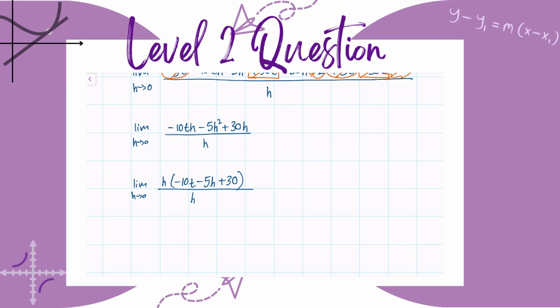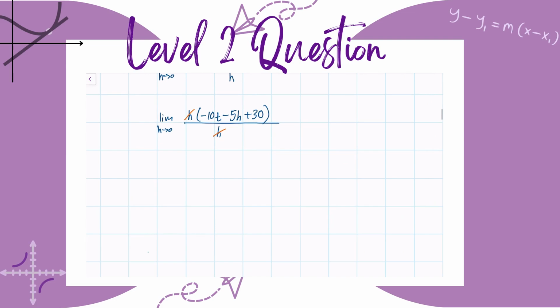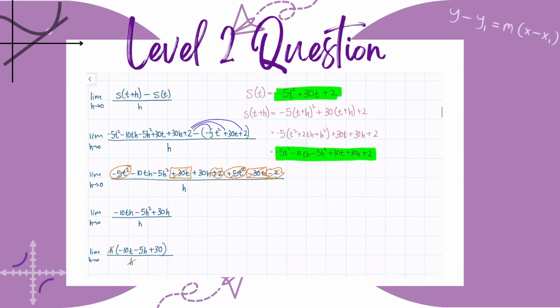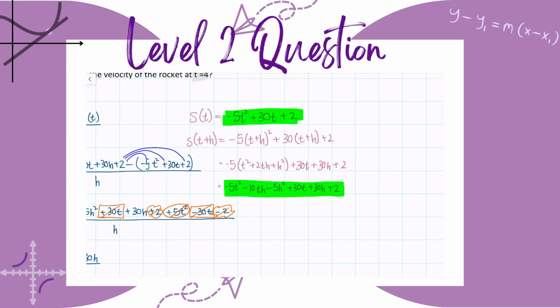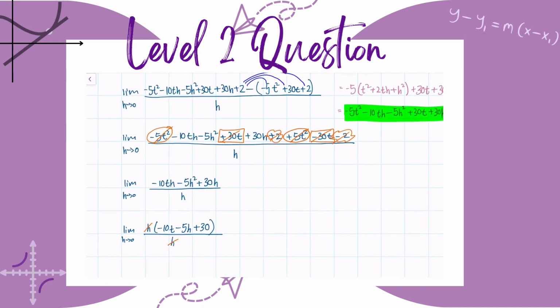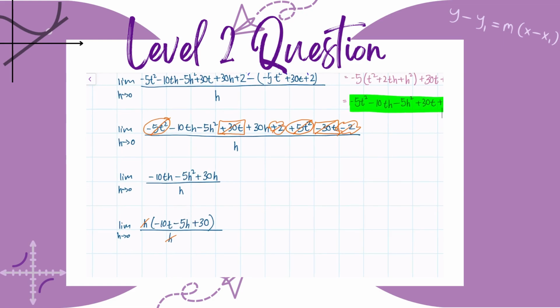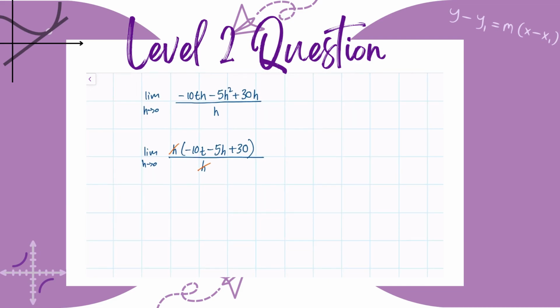So now I'm able to cancel out the h's. And you guys need to remember, if you're not able to cancel out that denominator h, that means you did something wrong. Either your expanding over here was wrong, or your distribution over here was wrong, or you missed a number or a letter or a variable, which caused the h not to cancel out.